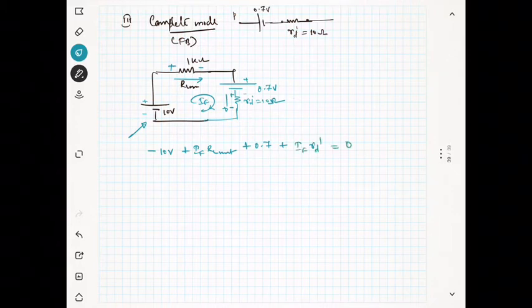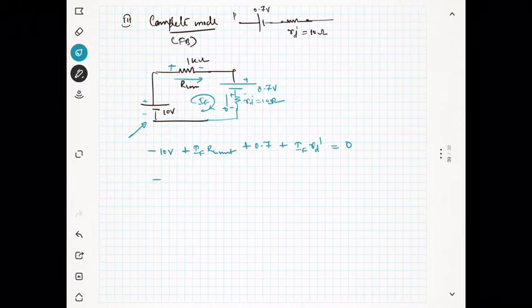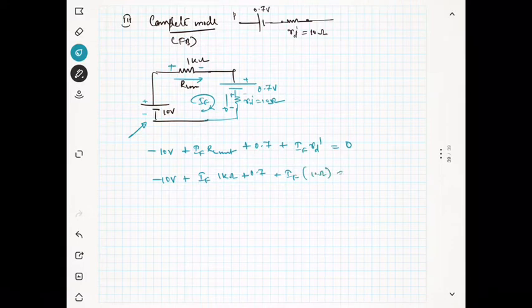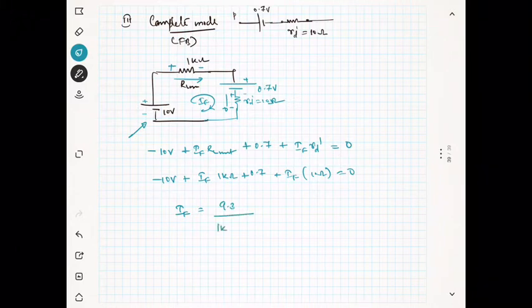That means minus 10 volt plus IF into 1 kilo ohm plus 0.7 plus IF into RD dash, which is 10 ohm, is equal to 0. So what is IF? It is 9.3 divided by 1 kilo ohm plus 10 ohms.